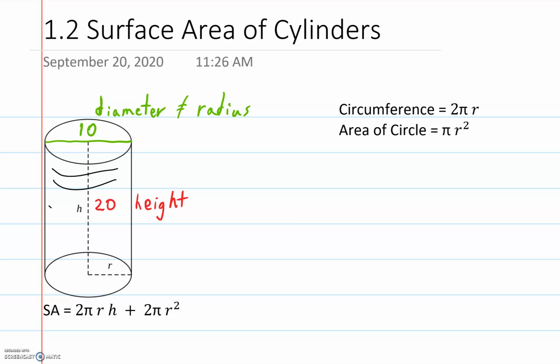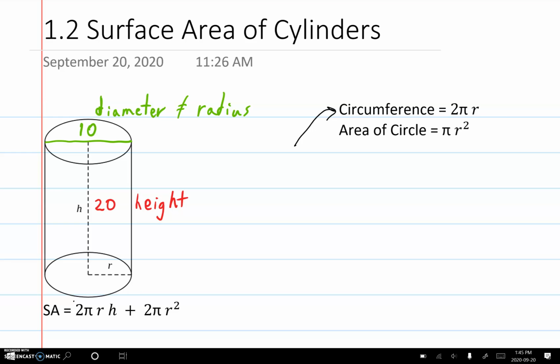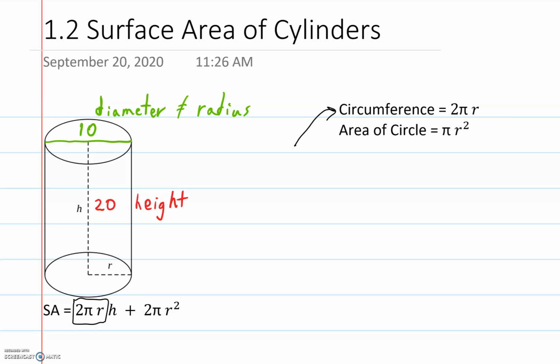So like this here, all this where it wraps around our shape, that area can be found by taking our formula for circumference, which perhaps you remember and perhaps you don't, 2 pi r, and then multiplying it by the height. Okay, so we'd have 2 pi r multiplied by height.